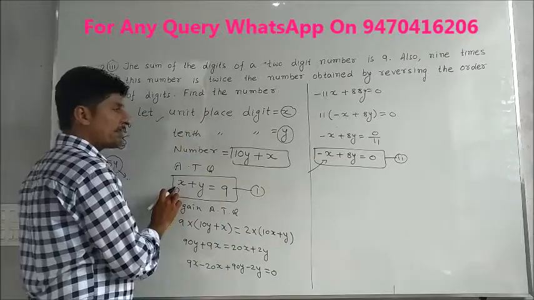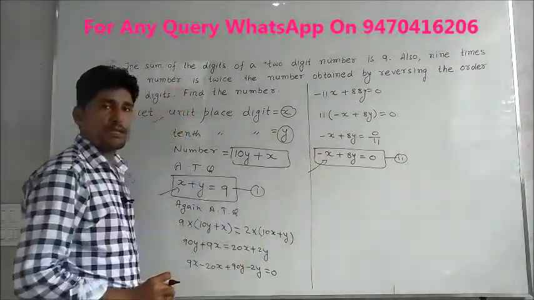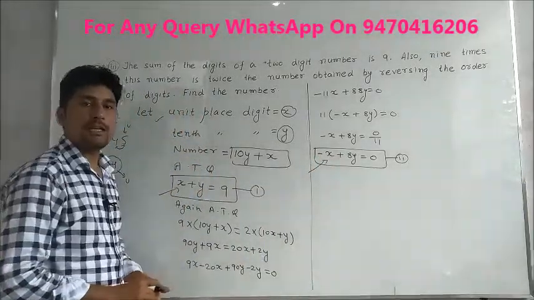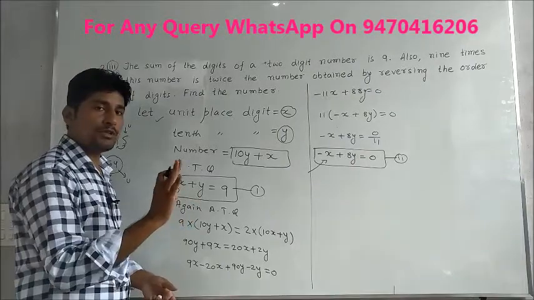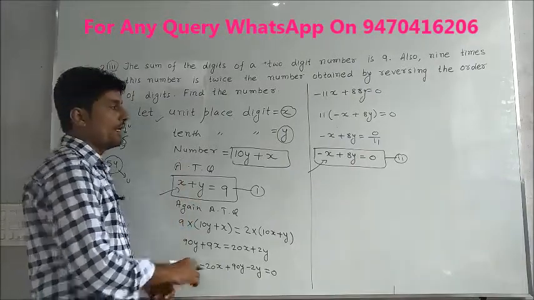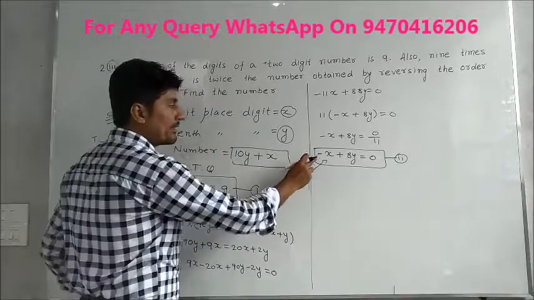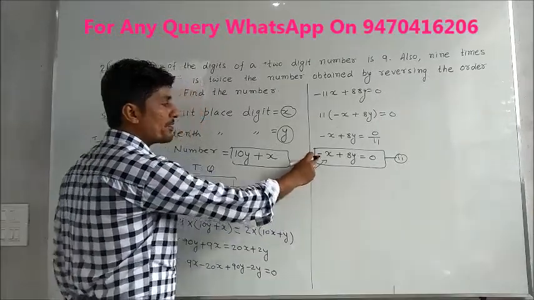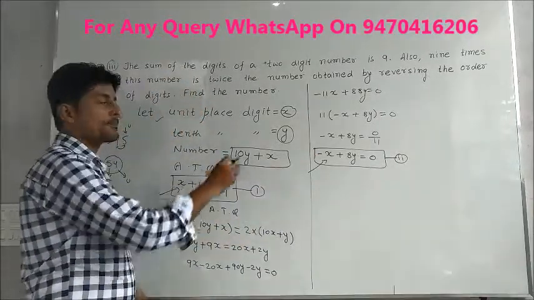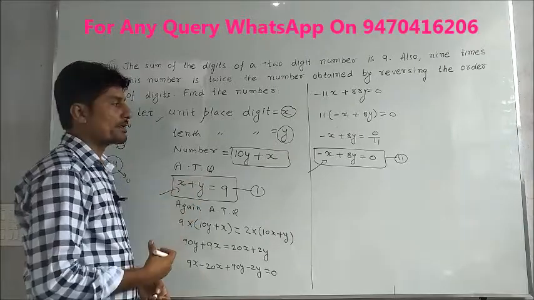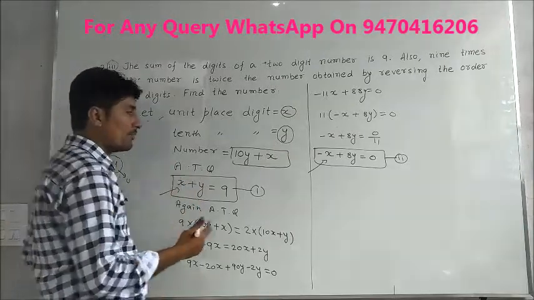Minus x plus x: if we add both the equations, then x will be eliminated. This time there is no need to subtract, because subtracting would convert the negative to positive and x plus x would equal 2x. So we have to add both the equations.